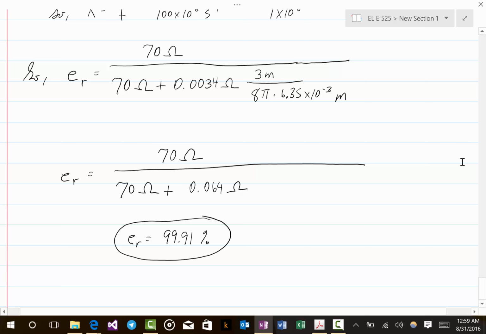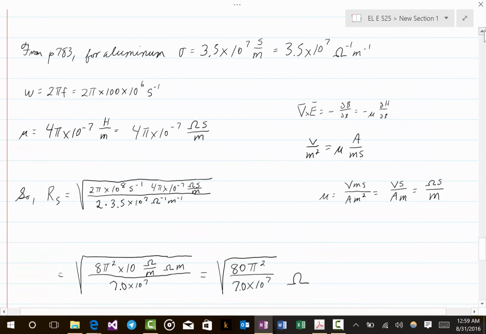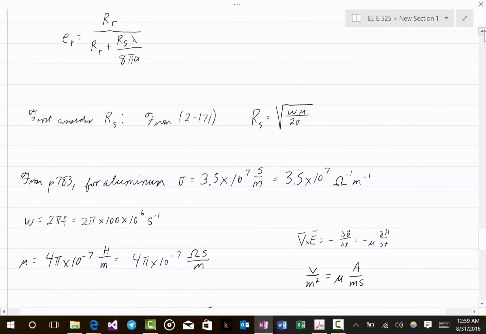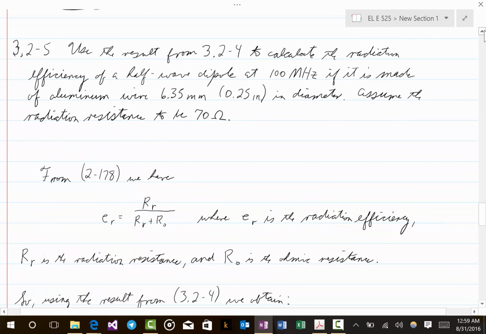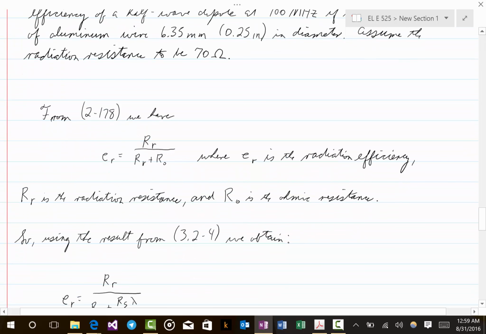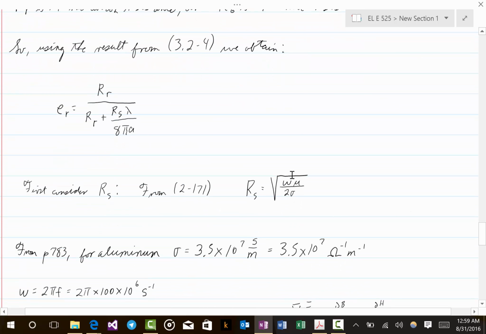And so again, some of the highlights of this problem. One is the importance of carrying along the dimensions in calculations. Another interesting feature is to notice how the surface resistance depends on the frequency, and as the frequency goes up, the surface resistance of the antenna will go up.